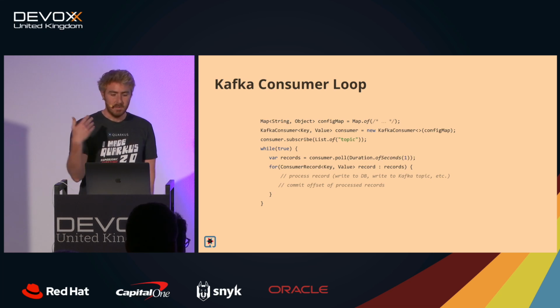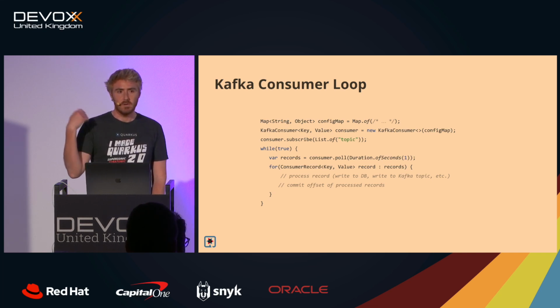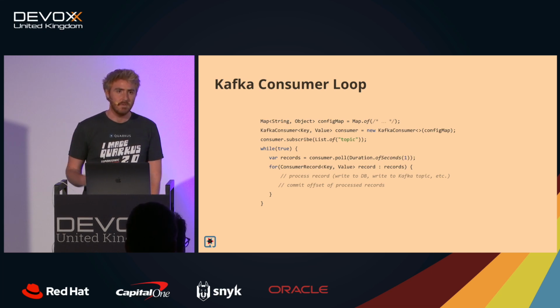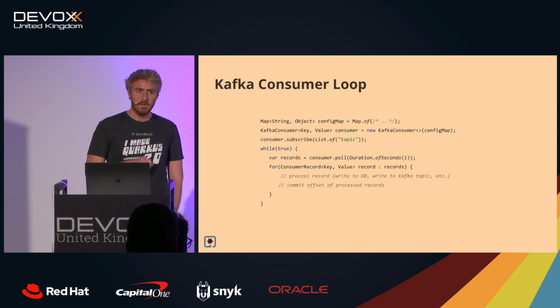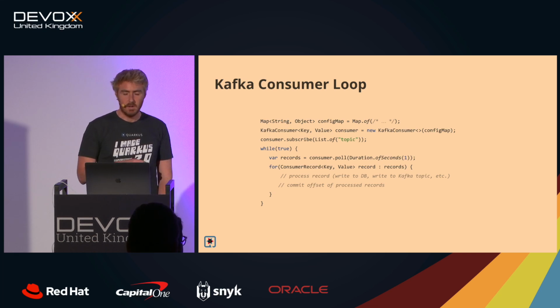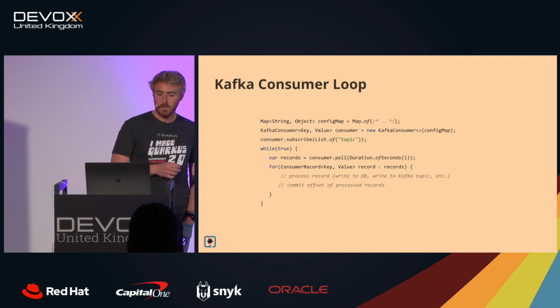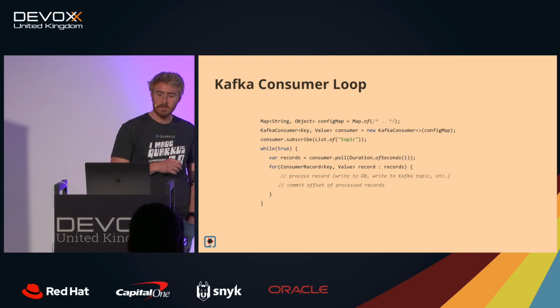Then you have this great while loop in which you poll your consumer, and your consumer in the backend polls the brokers, the cluster, and it returns a collection of records, a collection of Kafka messages. Then you can go ahead and process those records.